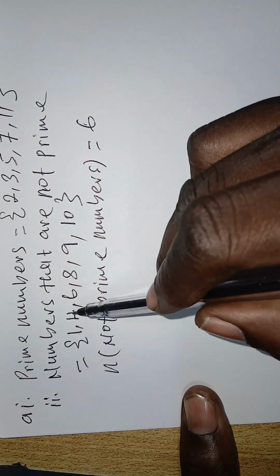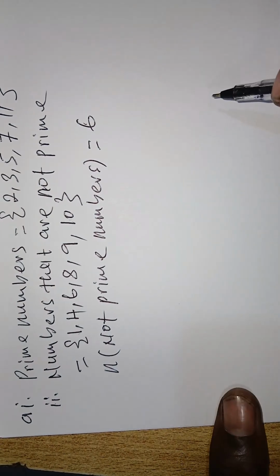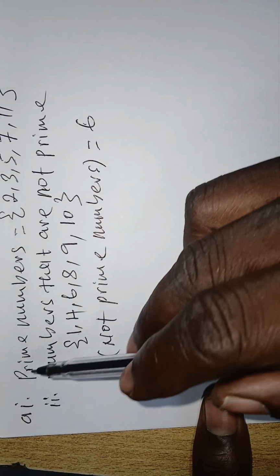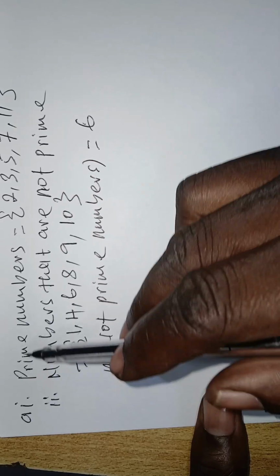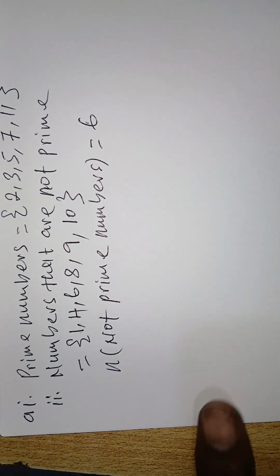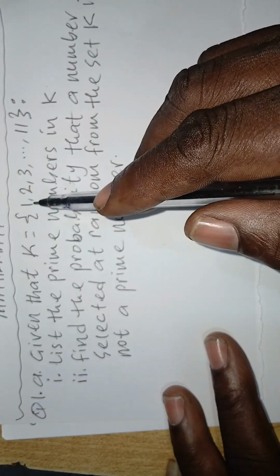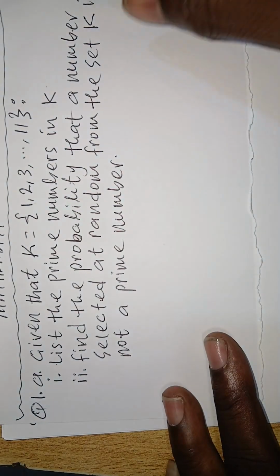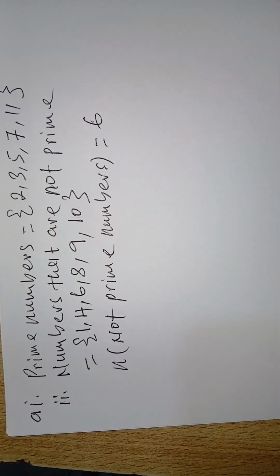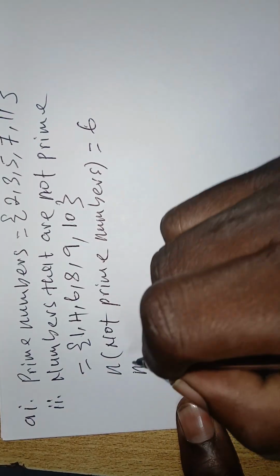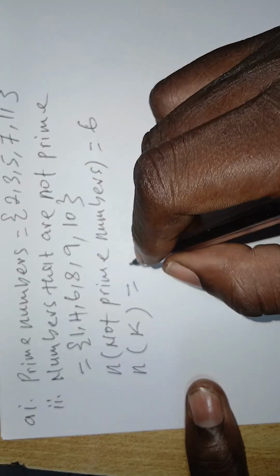We count 1, 2, 3, 4, 5, 6. They are 6 in number. Good. Then the total number of the set K, 1 to 11. If you count from 1 to 11, there are 11 numbers. So number of K also equals 11.